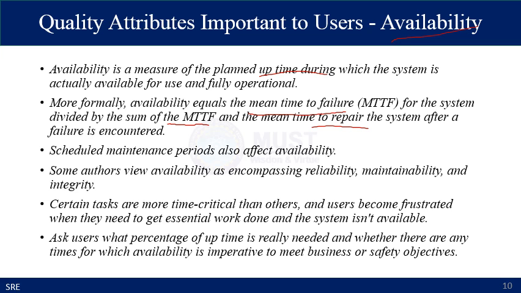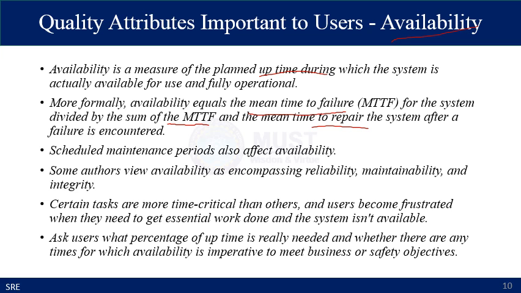So the scheduled maintenance periods also affect availability. As you can see, many products you are using currently, such as banking applications, also send you a message that their system will not be available for some specific time, which refers to the availability of your system.